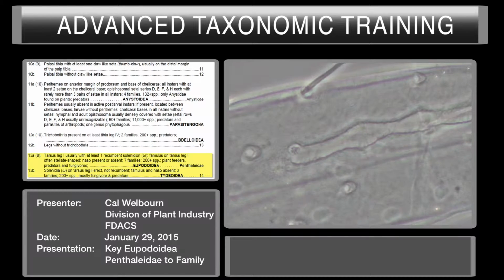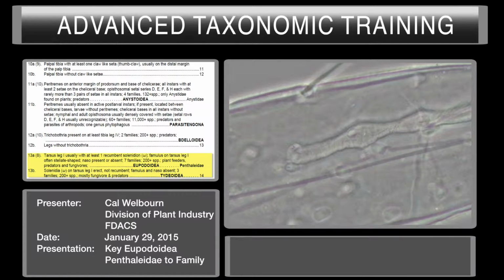This is what I was looking at and telling you there were solenidia here. They're kind of hard to see, but there's one base, there's another base, and there's a third base right there. These are recumbent solenidia. They're laying parallel to the surface of the leg. They don't show up too well.